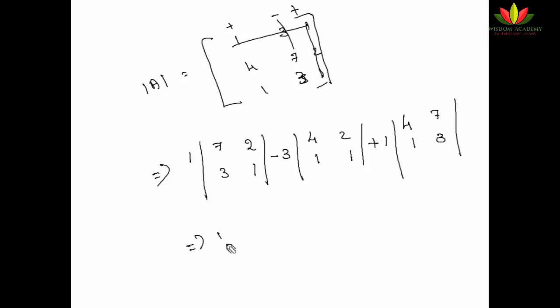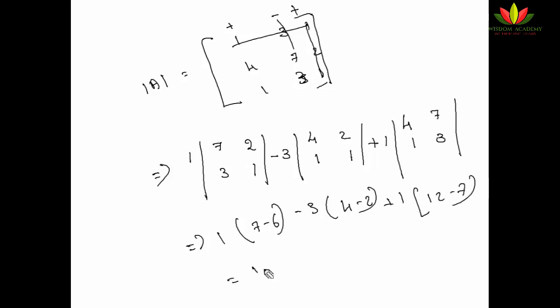Now if I find the determinant of this: 7 minus 6, minus 3 into 4 minus 2, plus 1 into 12 minus 7. So 1 into 1, minus 3 into 2, plus 1 into 5. So 1 minus 6 plus 5, which is going to be 0. Okay, this is how you find the determinant of a 3 by 3 matrix.